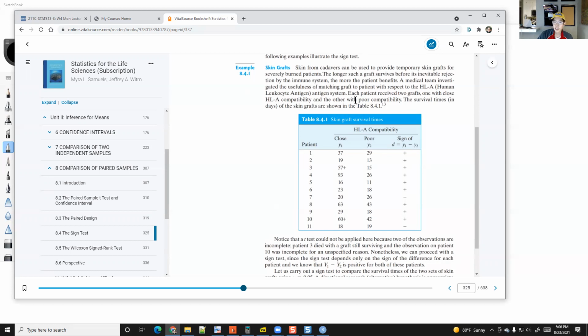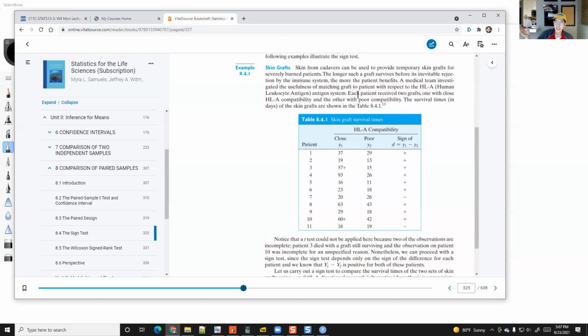They are investigating the usefulness of matching a graft to the patient with respect to the human leukocyte antigen, the HLA antigen system, okay?